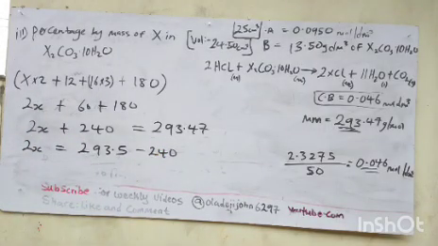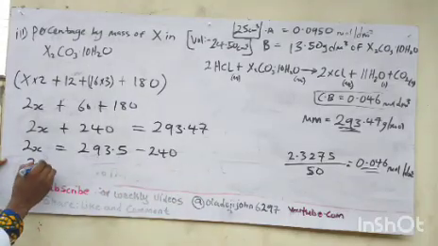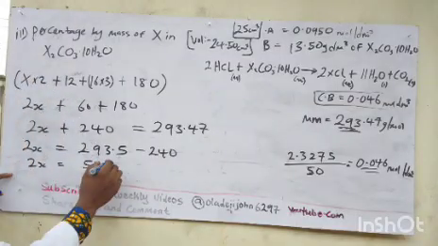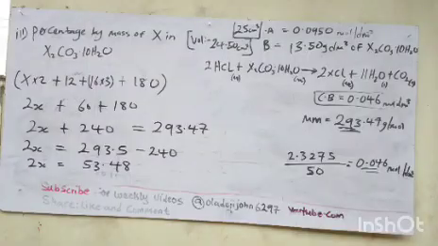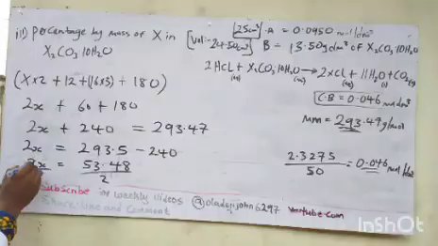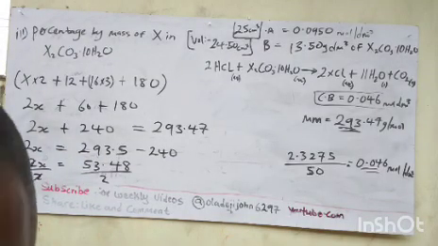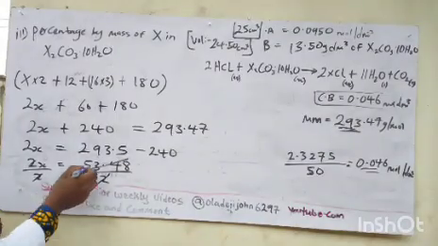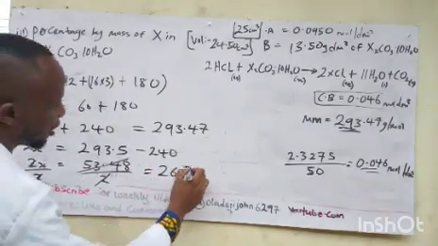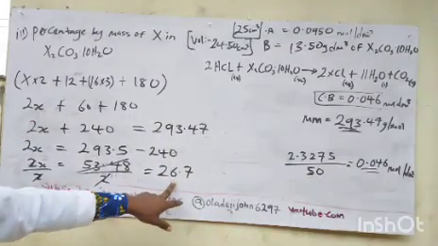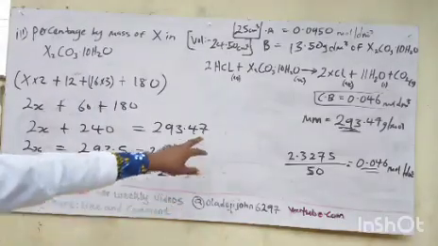So let's see what we have. We have 53.48. So 2X equals 53.48. Looking for X, we divide both sides by 2. So 53.48 divided by 2 equals 26.7. This is X. 26.7, this is for X.